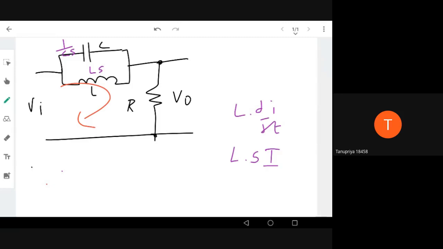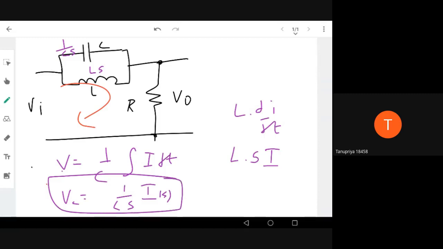Laplace, right? And integral I dt. In a capacitance, the voltage across a capacitance is 1 by C integral I dt. That is nothing but 1 by CS into IS, right? Voltage across capacitance. And voltage of inductor is L into di by dt. That is nothing but L into S into IS, right?